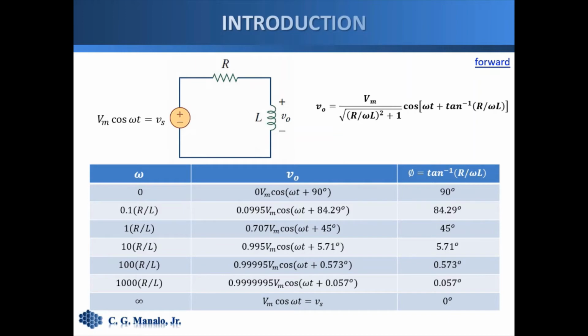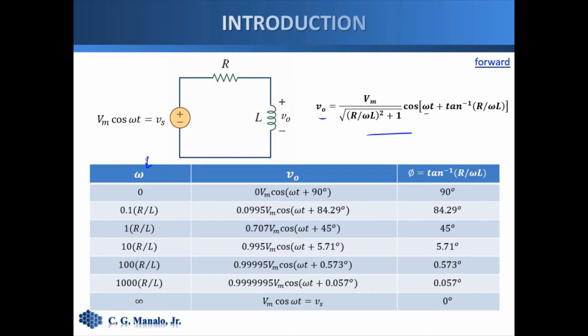So having obtained the time domain expression of the voltage across the inductor, let's say we will vary the frequency omega and observe what happens to our output voltage. So in this column, we have various values for omega.